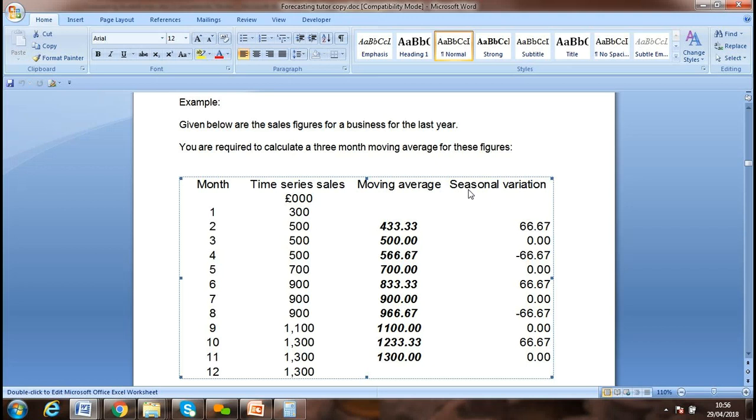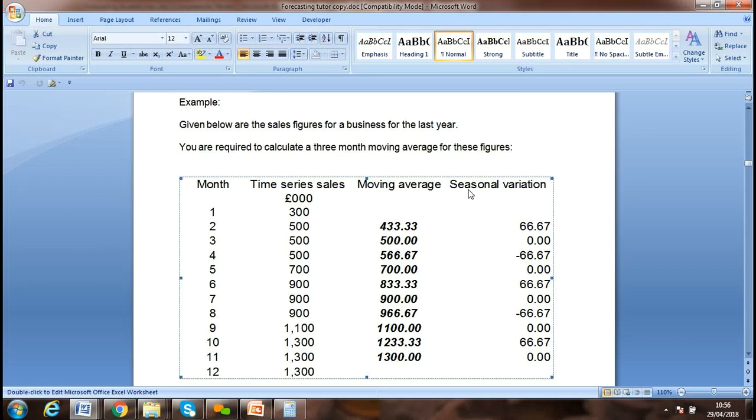When we go to month 4, year 4, I'm always saying, you see there, in the time series, 500 minus 566. So my moving average is negative, minus 66.